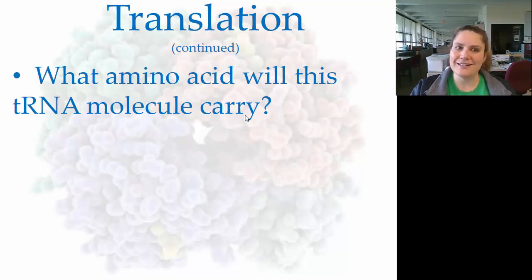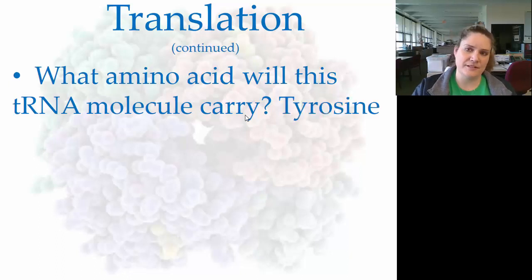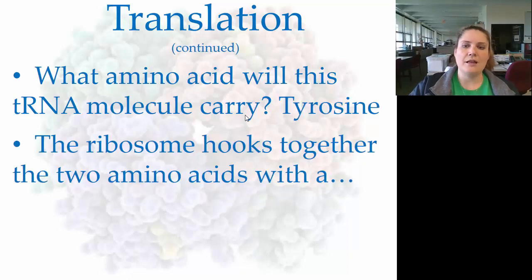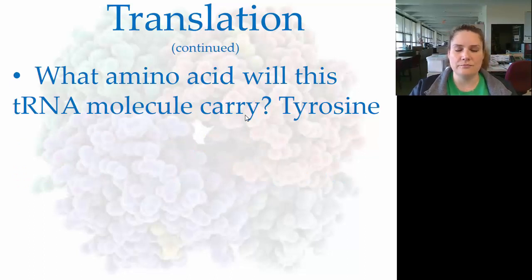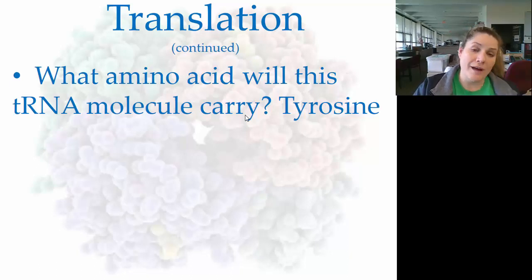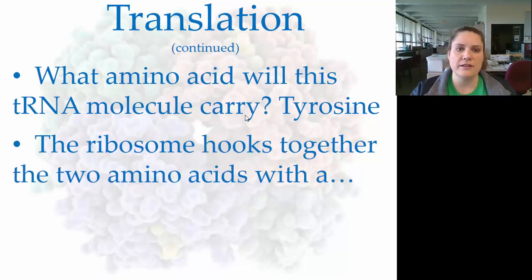What amino acid is this tRNA molecule going to carry? Tyrosine. Okay. If you couldn't figure out where I got tyrosine from, go back to the slide where I showed you how to use the genetic code and figure it out, because this is important. You have to be able to do this.